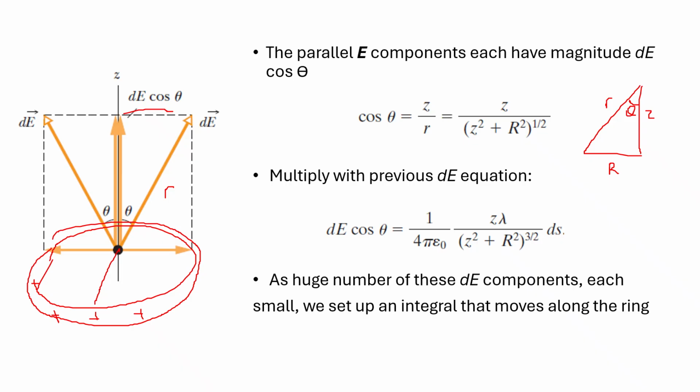Multiply with the previous dE equation. The previous dE equation equals 1 over 4 pi epsilon 0. Substitute the theta, like when you have the dE first. The first dE, we recall, equals K q over r square, so I just put K here. The R square has a square root, so it has also the power of 1 over 2.